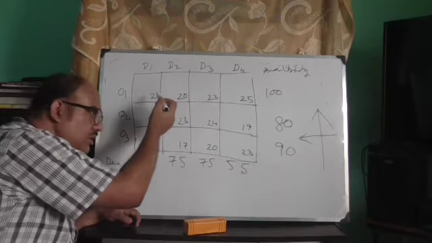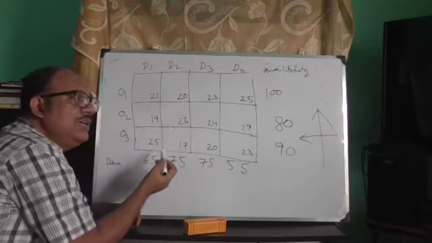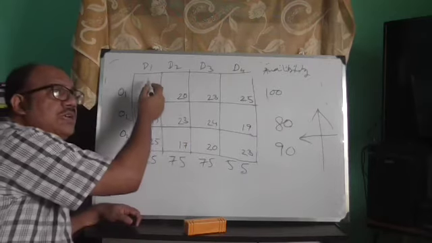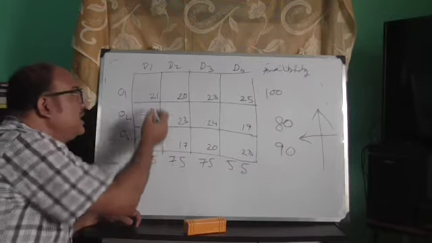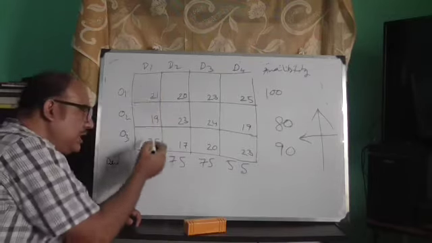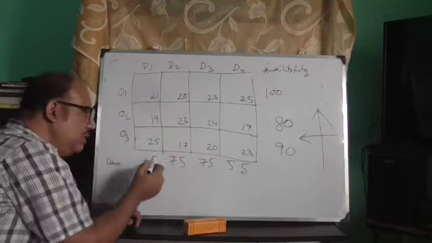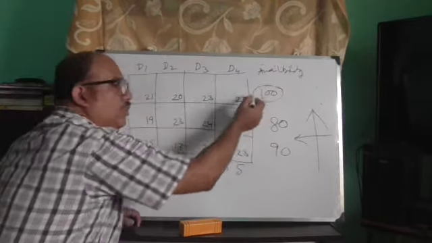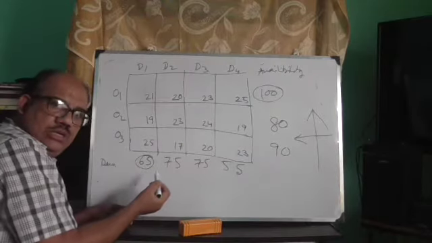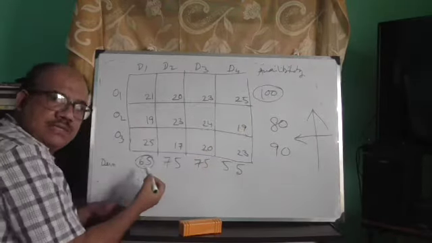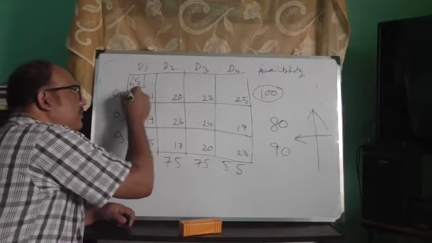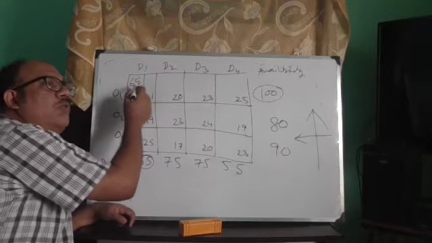Now how much? As I have said, it's always the minimum of demand and availability. Here I am allocating to destination D1, whose demand is 65 units, and from origin 1, whose availability is 100 units. So the minimum of 100 and 65 is 65 units. So I allocate 65 units here, which means my X11 is 65.